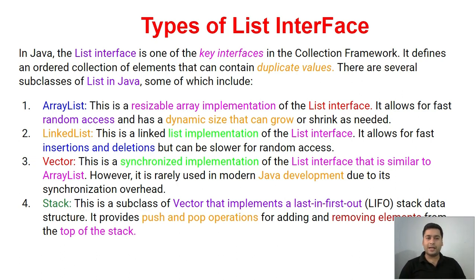So let me go to Eclipse and I will explain what an ArrayList is and how it works. In the previous video I discussed how to create an object for the ArrayList and how we can store data inside it. Now we can discuss that ArrayList is a resizable array implementation of the List interface.